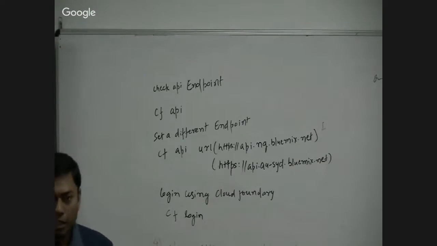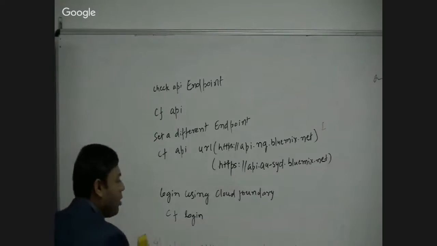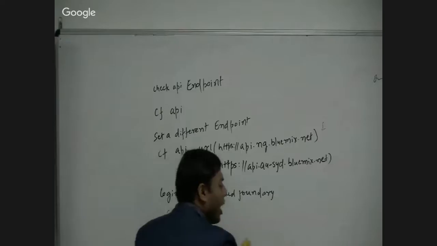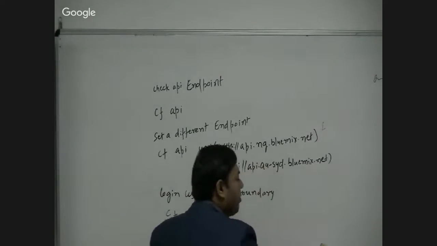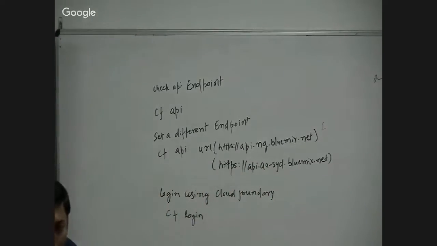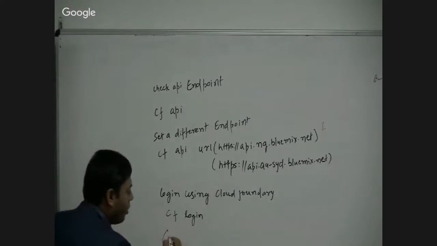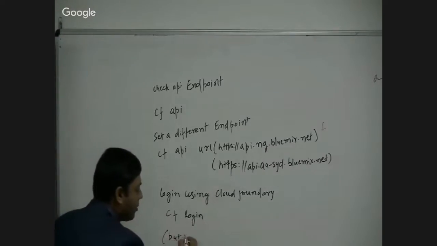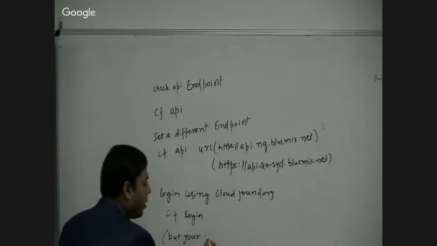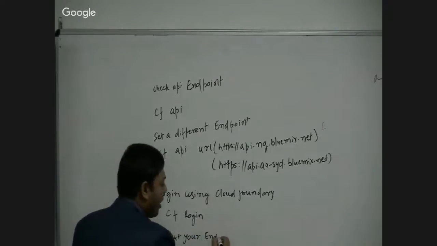Okay, now after typing cf login, you might be asked for your endpoint. Okay, if you are doing it for the first time, it will ask for your endpoint. Put your endpoint. Okay, I'm writing down the steps here. Put your endpoint if it's required. Okay, put your endpoint correctly.